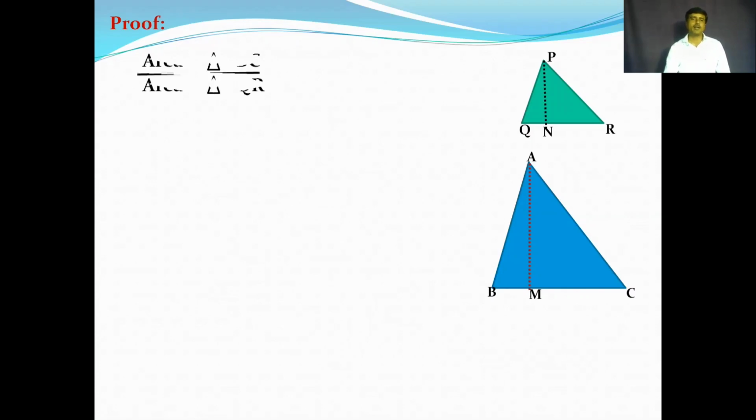After construction, now proof. That is, let us start from the left hand side of the task assigned. The left hand side says area of triangle ABC divided by area of triangle PQR. So if I write that, what is that we are knowing about area? Points to remember, one says area of triangle is equal to half of the product of base into height. Let us apply for both the triangle ABC and PQR.